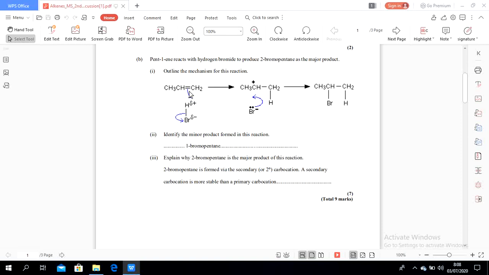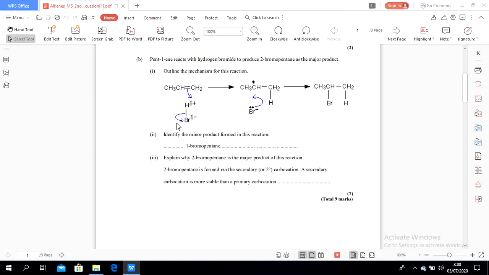Because of the high electron density of the double bond, which repels the electron in the hydrogen of the hydrogen bromide, the hydrogen will become an electrophile, delta positive. The electron of the hydrogen in the hydrogen bromide is taken by the bromine.